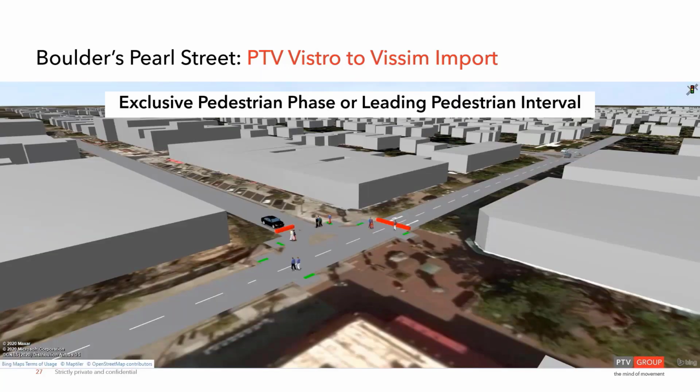And then you can see the quality of the conversion. This is actually the exclusive pedestrian phase that is there, not the leading one that's in the example. But you can see the quality here. The vehicles are driving in the correct lanes, and we have the pedestrians crossing exactly on the crosswalks where they should be.